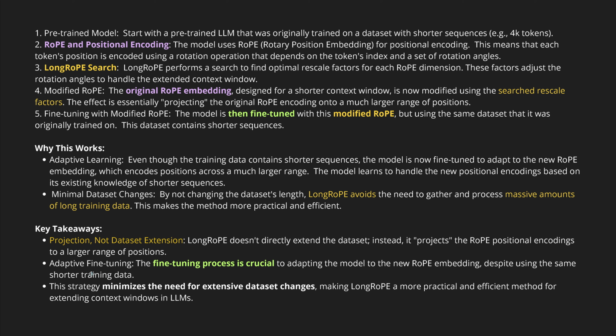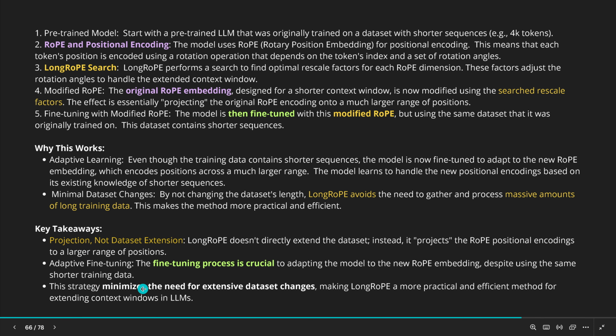And then they proudly state that this strategy minimizes the need for extensive dataset changes, making LongRoPE a more practical and efficient method for extending context windows in LLMs. Okay, this is the statement.